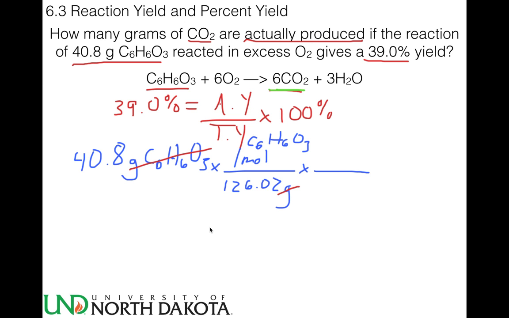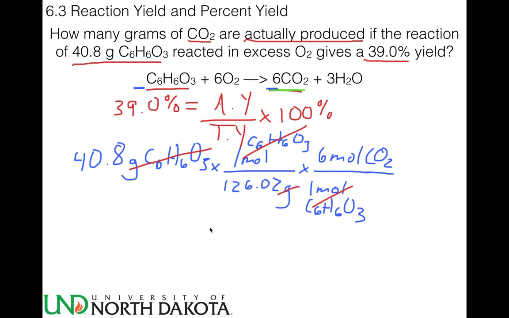We need to get from moles of this compound to moles of carbon dioxide. So we're going to use the balanced chemical equation. We have a 1 to 6 mole ratio, so I'm going to put the moles of our reactant on bottom, 1 mole C6H6O3, so they cancel out, and then our 6 moles of CO2 on top, so that they don't cancel out.